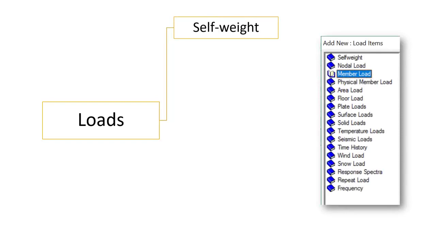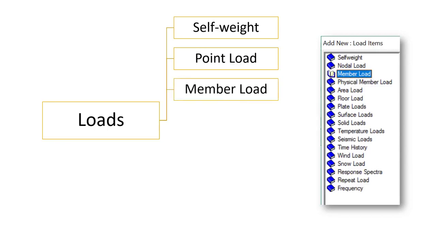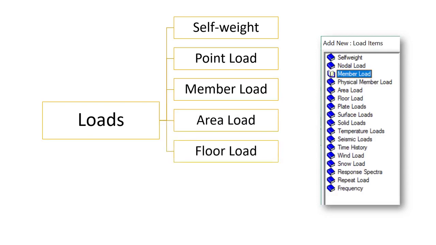On the right, you can see the type of loads that STAAD supports. But in general, we tend to use the self-weight of the structure, different point loads acting on the structure, the different member loads, that is UDL, UVL, that is uniformly distributed load and uniformly varying load, etc. Area loads, floor loads.